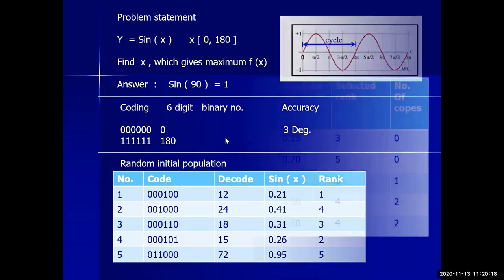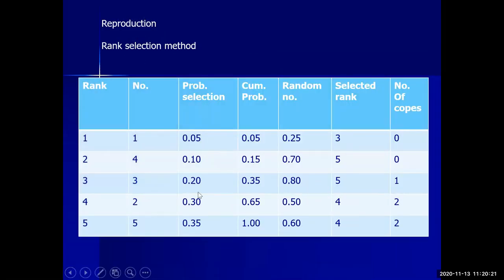In order to complete this rank selection method, we need to assign a probability of selection. For rank 1, the probability of selection assigned is 0.05. Rank 2 is 0.1. It is gradually increasing: third rank 0.2, fourth rank 0.3, fifth rank 0.35.